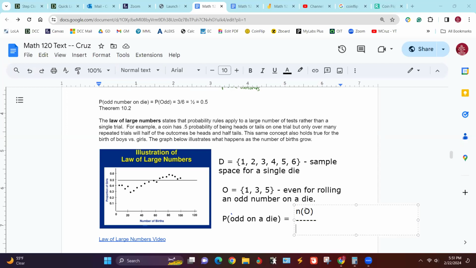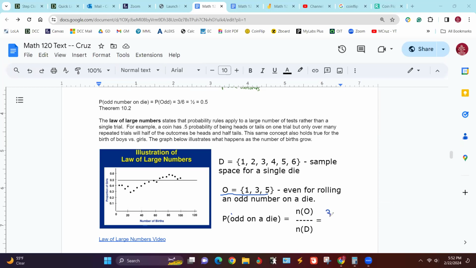Make a little line there. Okay, there we go. So how many elements are there in O? Right here. 3. How many elements? Yeah, 3. Good. So let's see if I can write out a 3.